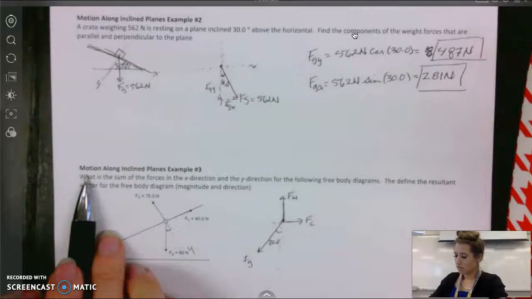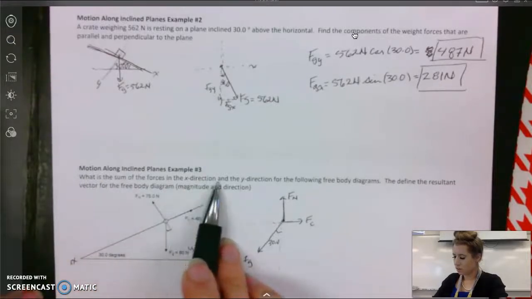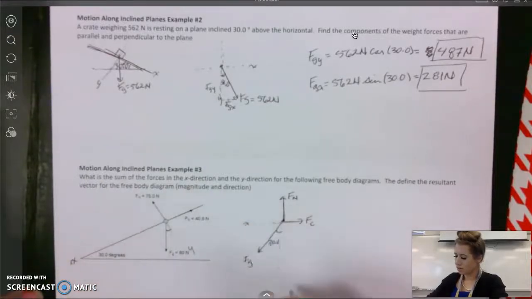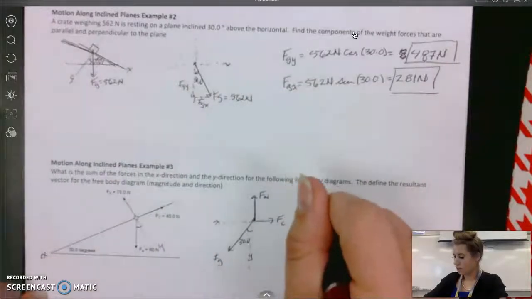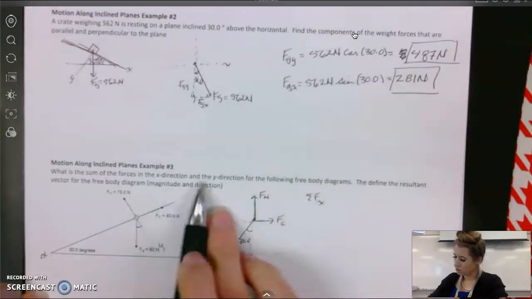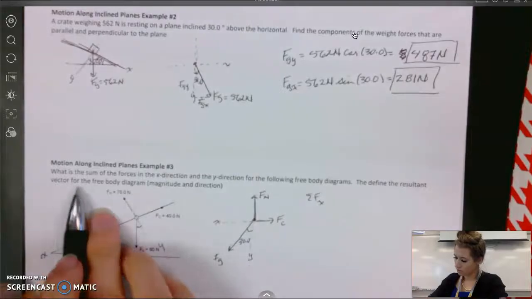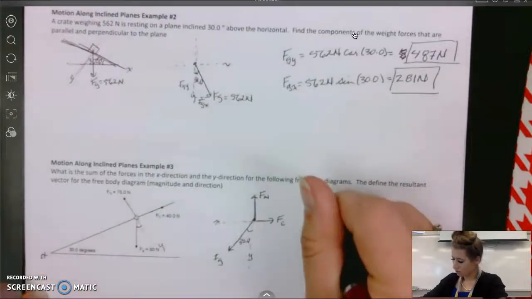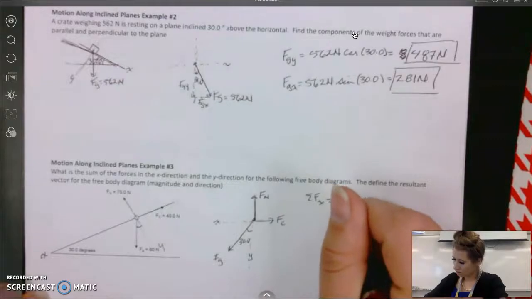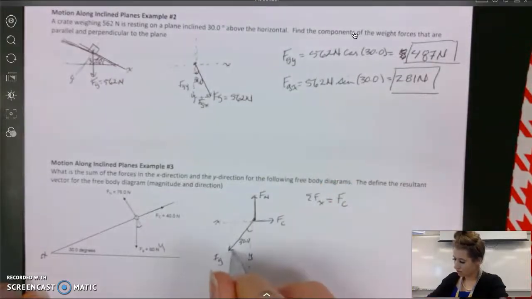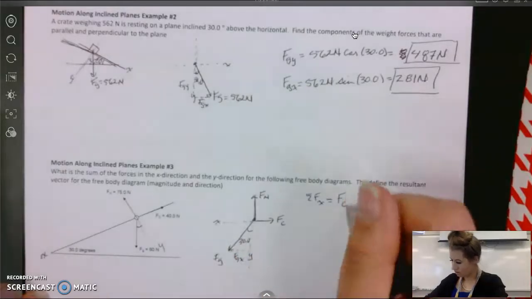Okay? So what is the sum of the forces in the x direction and the y direction? Or this x and this y. Sum of the forces in the x direction. Okay? So that would be force C, okay, minus the x component of force due to gravity in the x.